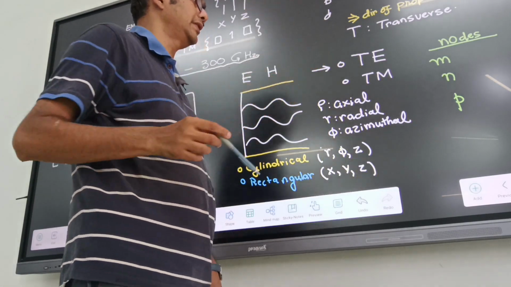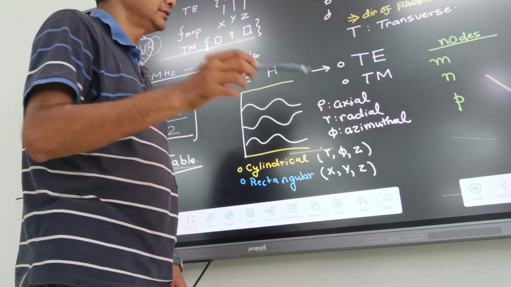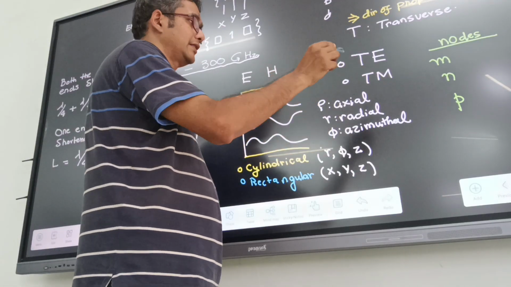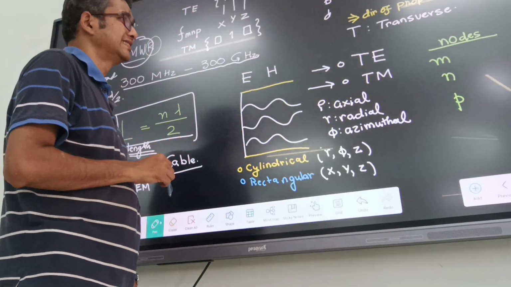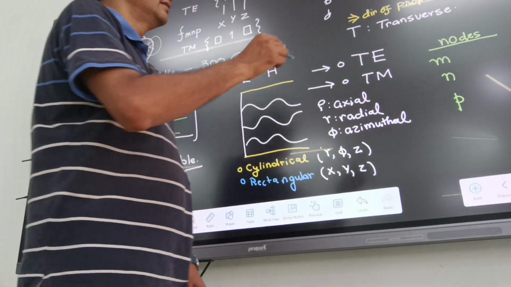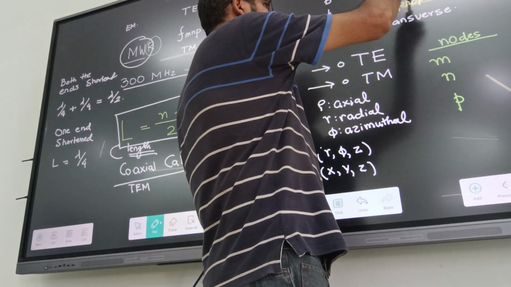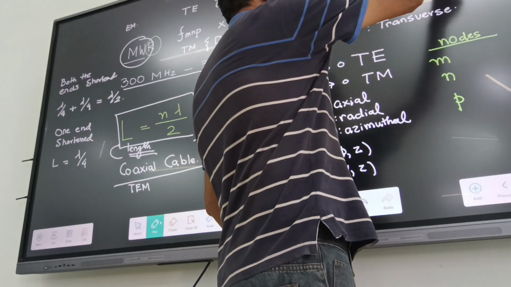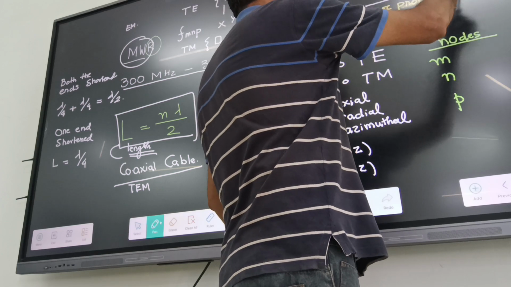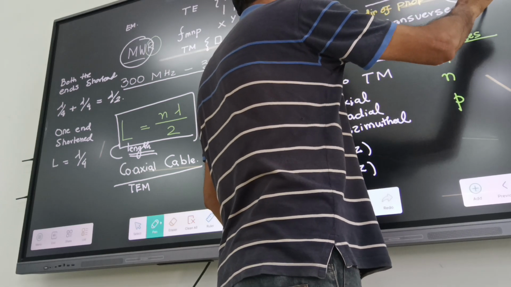One is when we are trapping the electric part, that is called transverse electric. Another is the magnetic part, called transverse magnetic. Transverse means the direction of propagation has no electric field, then it is called TE, and if there is no magnetic field, it is called TM.